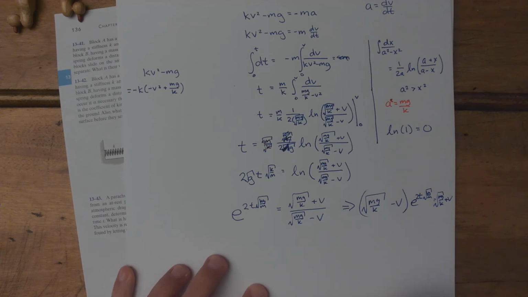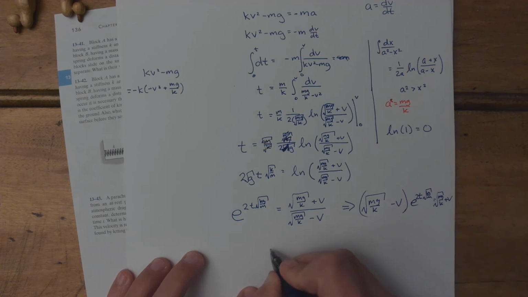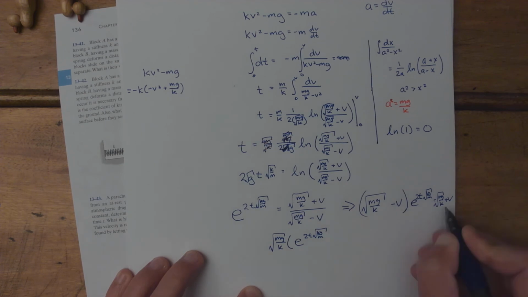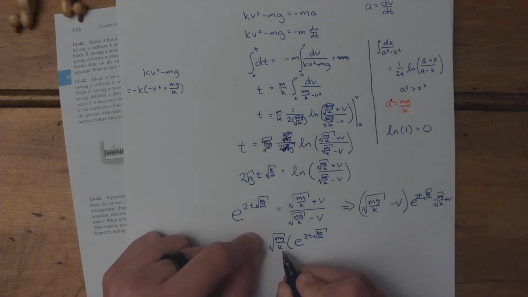Okay, and then rearranging a little bit, bring this over to the other side, and we have square root of mg over k times e to the 2t square root of kg over m, bringing this over to the other side and pulling out the square root of mg over k.